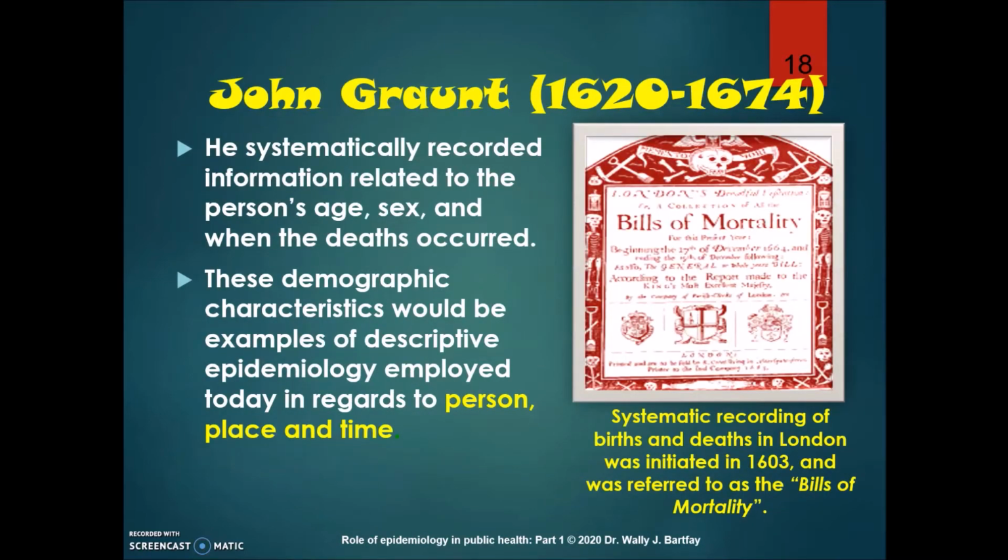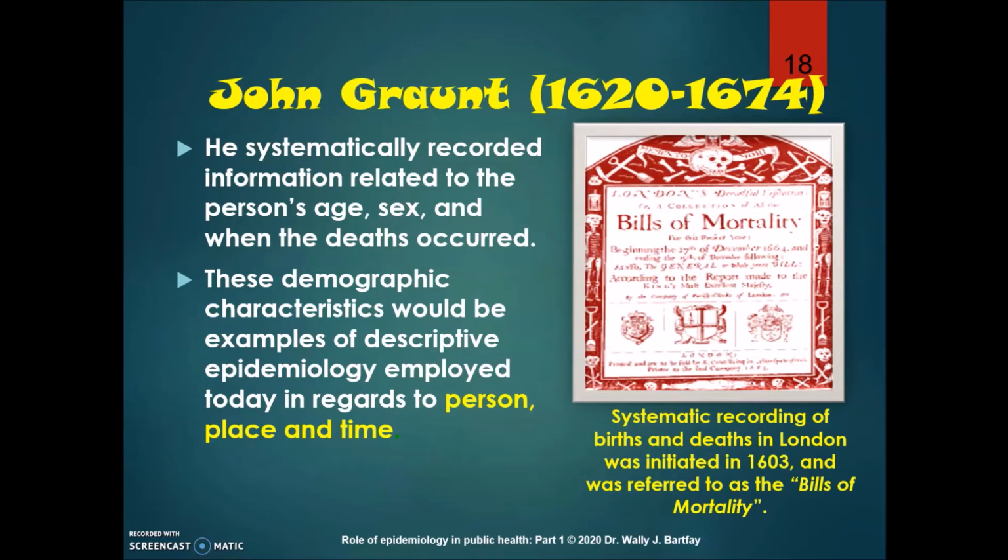John Graunt, in the 17th century, this is a time, here you see the bills of mortality, and this is the systematic recording of births and deaths that occurred in London. It was initiated in 1603, and it was referred to as the bills of mortality.